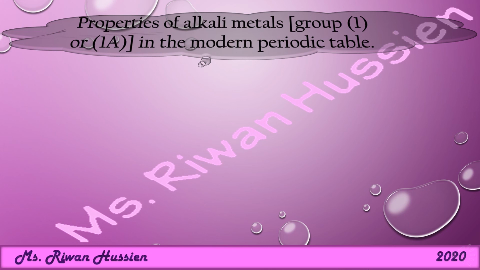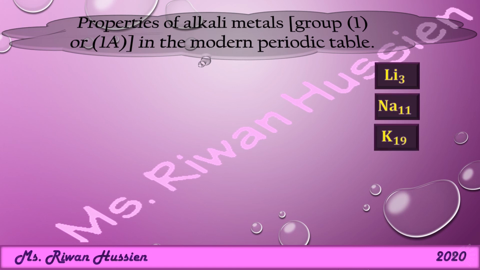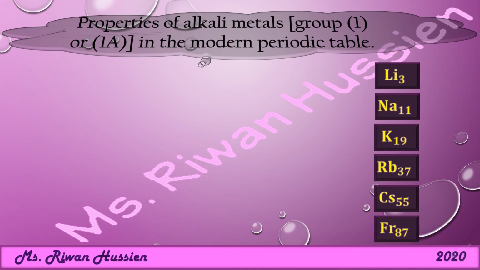Also, we've just said that alkali metals include lithium 3, sodium 11, potassium 19, rubidium 37, cesium 55, and francium 87.